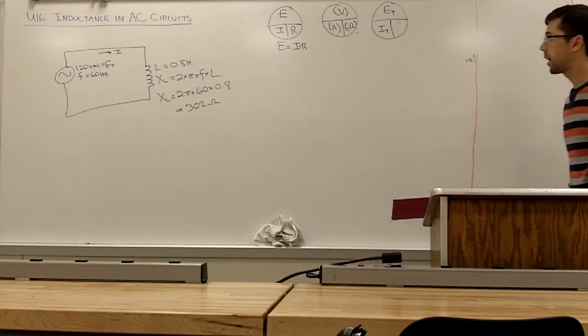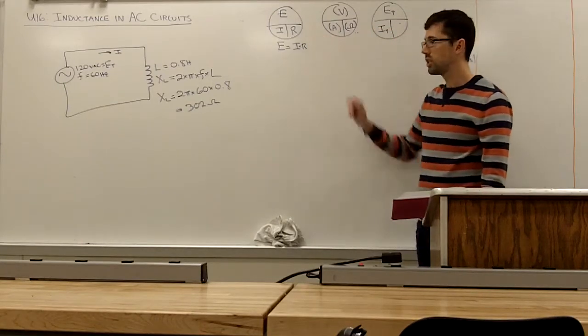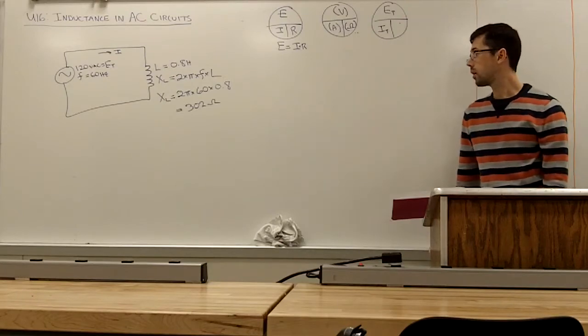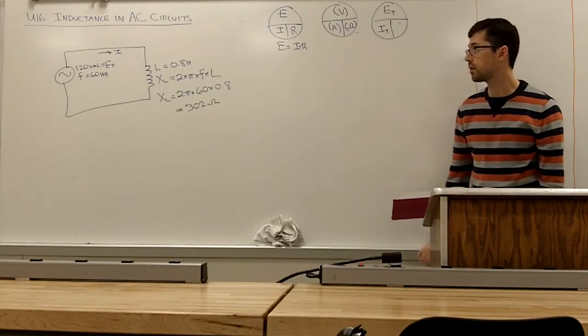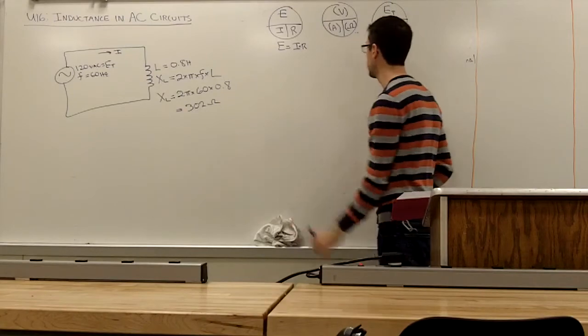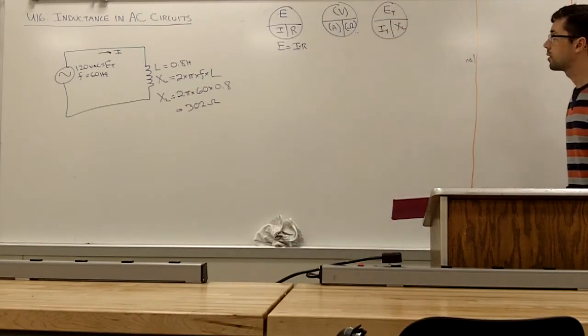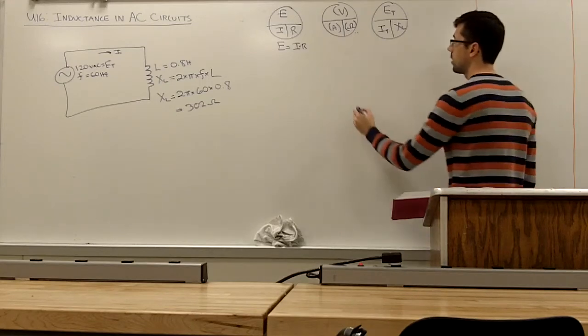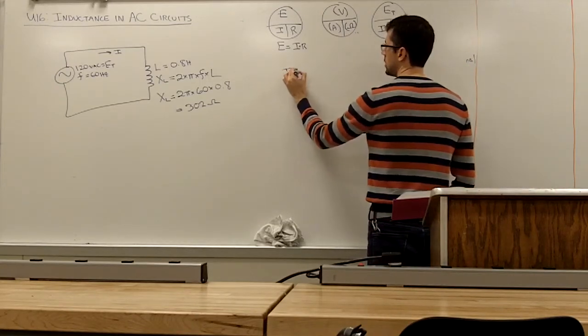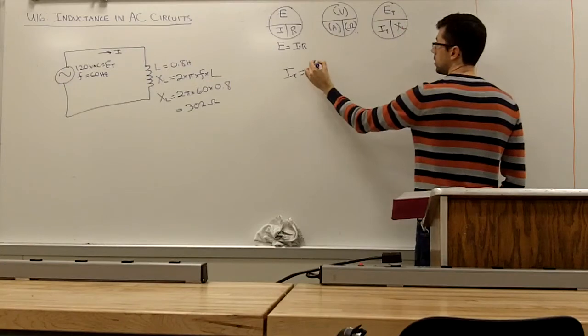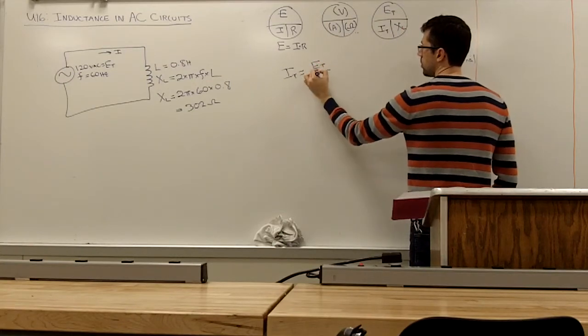Well, what do I put here? I can't put R resistance because I don't have a resistor in the circuit. However, I do have inductive reactance, and inductive reactance has units of ohms. So I can put XL right here. And that means that our current, IT, would be ET divided by XL.